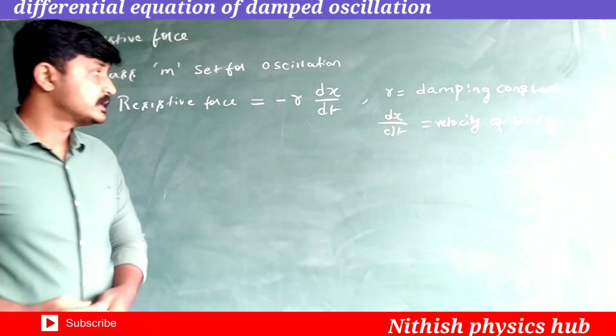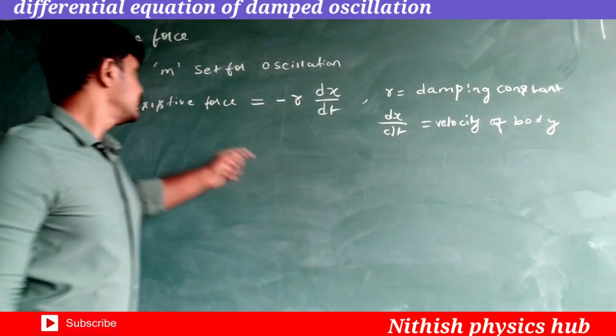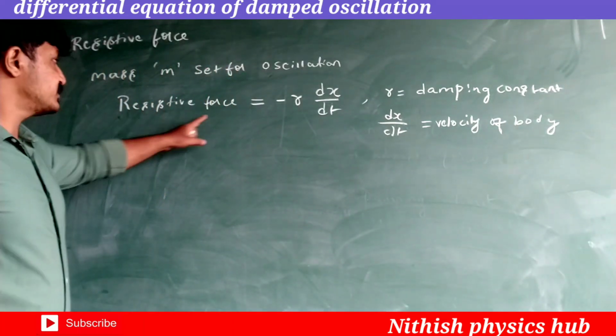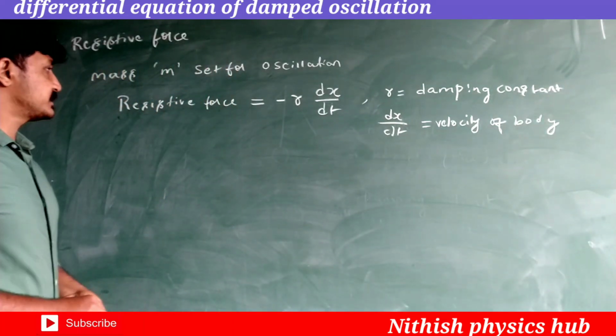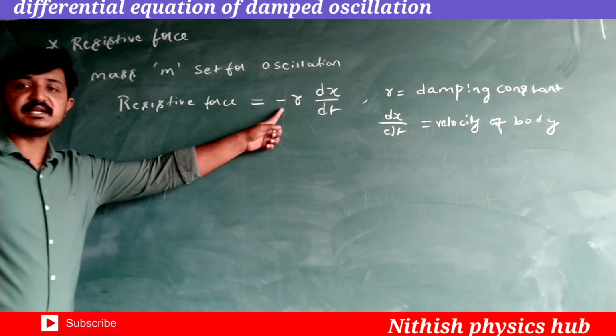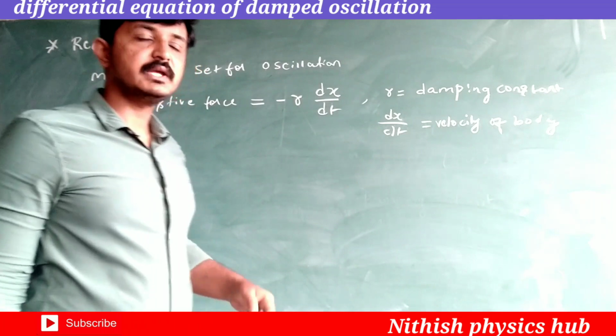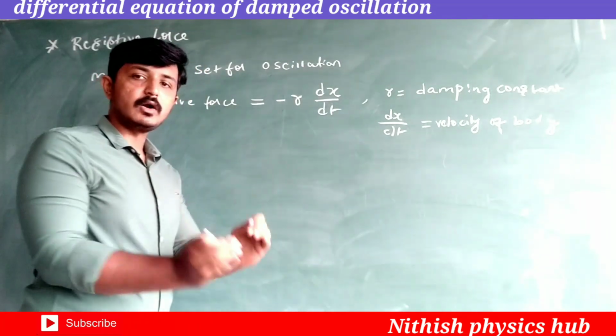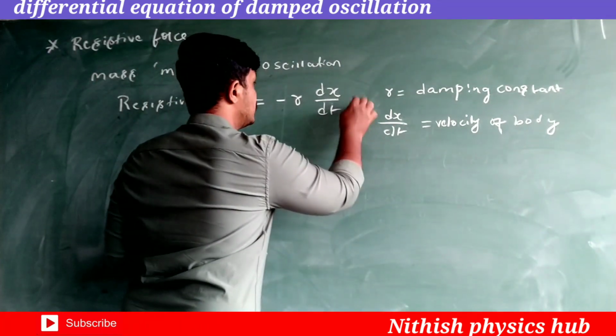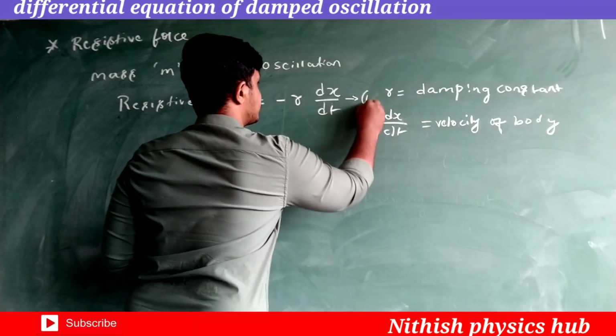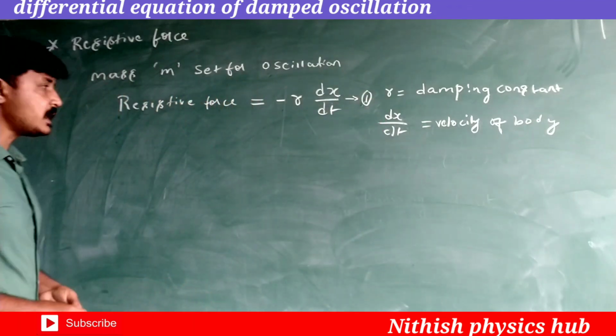The negative sign indicates that it is opposing the motion of the body to bring it to the rest position. Take it as equation number 1.